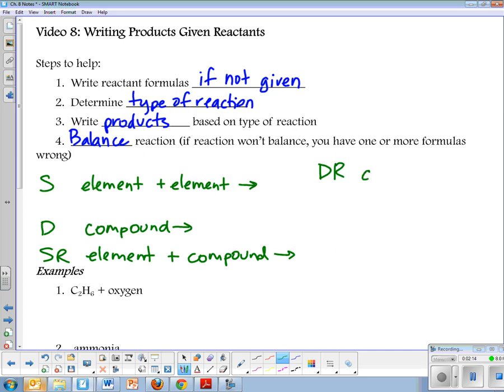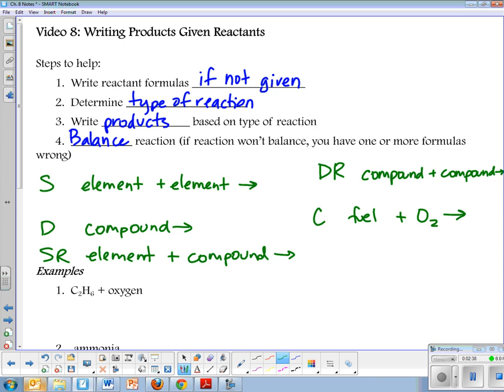That's when they switch partners. And then if it's combustion, you're going to have some sort of fuel. And we talked about in the last video, a fuel could be like a hydrocarbon or an alcohol. So something with C and H, or something with C, H and OH, and it's always going to be plus O2.